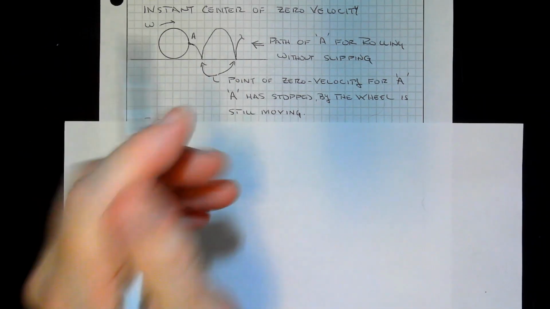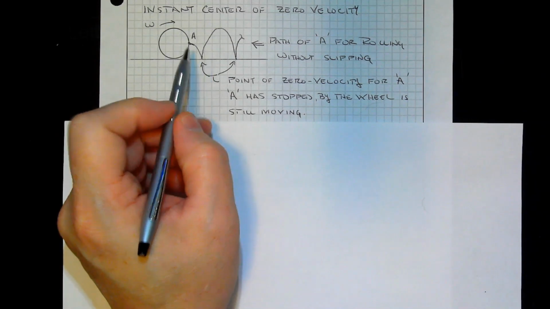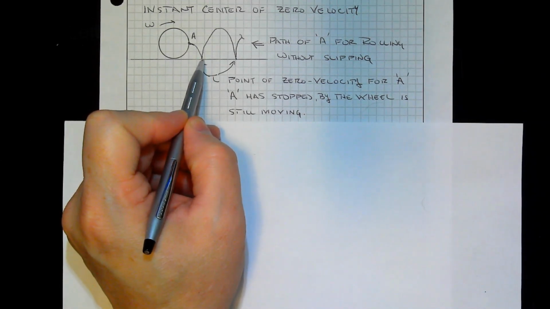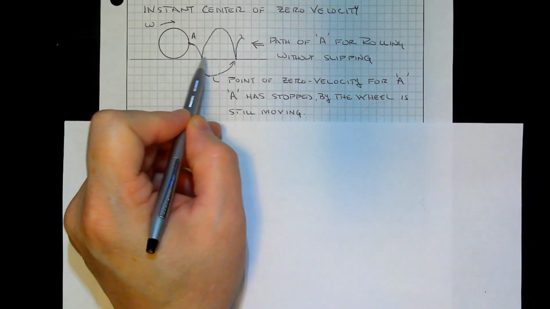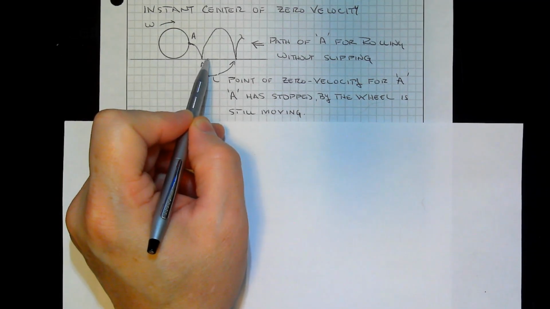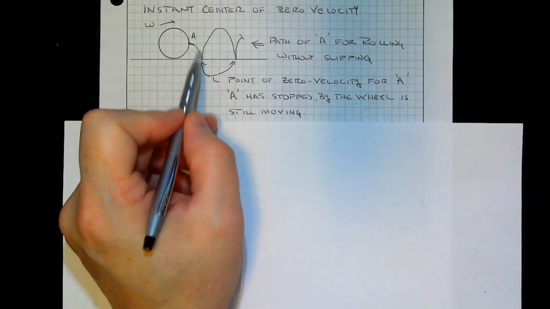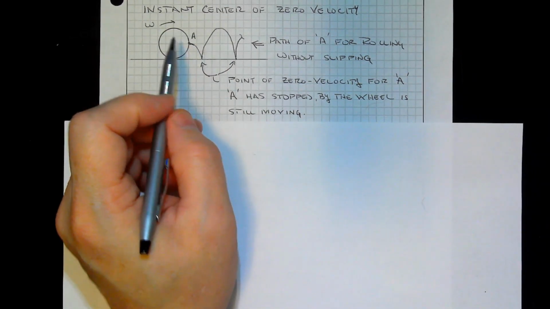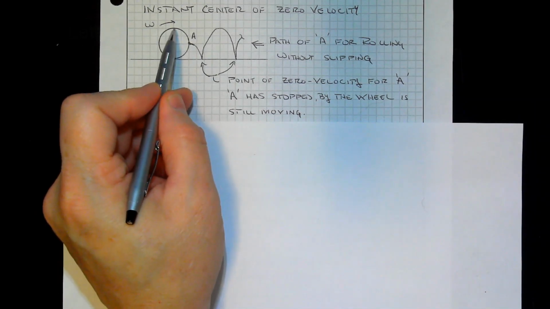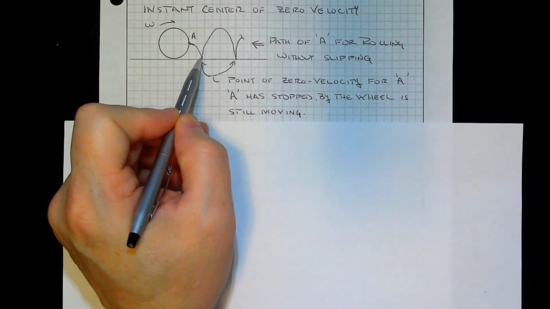These two points here, if you think about it, as this comes down, if it's not slipping, there's no motion along, say, the X or horizontal plane. It's come down and it's about to start going back up. So it comes down and it stops. And then it goes up again. So here the wheel is moving, but there is one point on the wheel that is physically stopped.